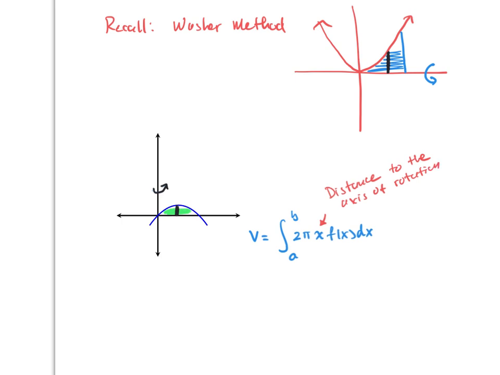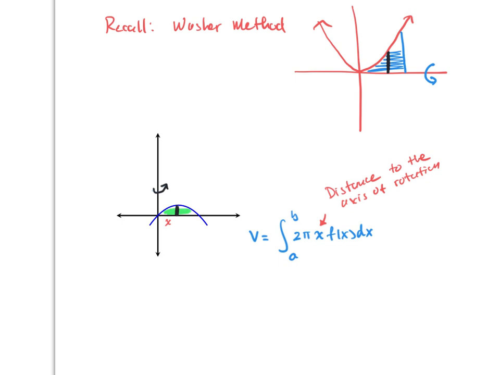So for example, here, the distance between here and here is x, okay? So if you are rotating here, this distance is x, so that's what we mean. I can also think of it as the radius.